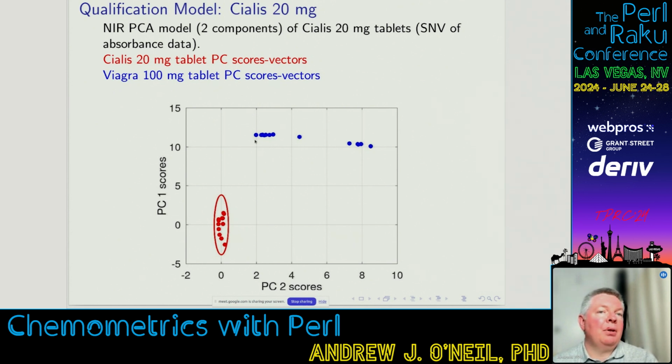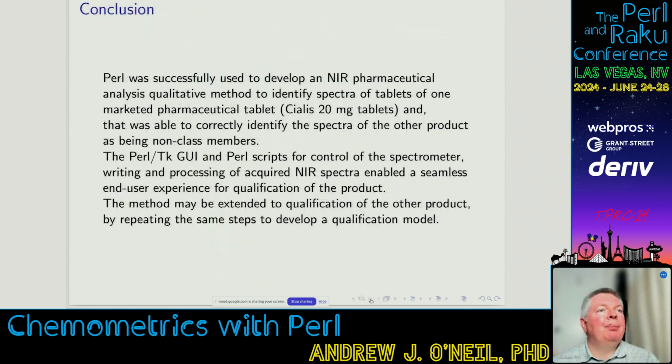The Hotelling's distance is measured from the origin, from the centroid of the cluster. So these distances to the blue dots are significant at the p less than 0.05 level.